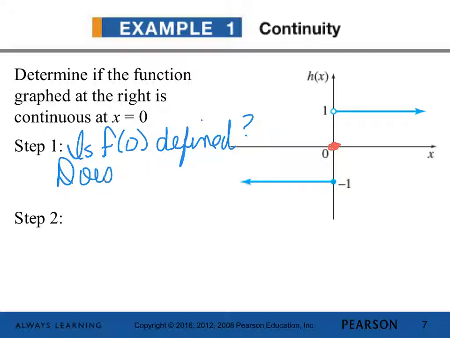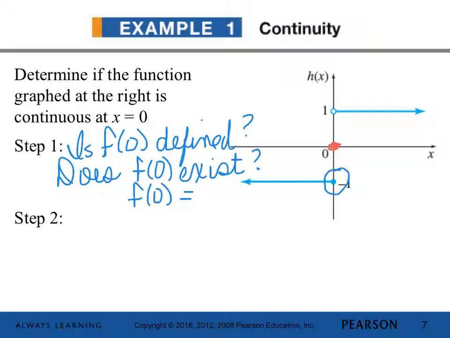Those both actually mean the same thing. And we see that yes, f of 0 does exist. f of 0 is equal to negative 1. So step 1 is a check. Yes, f of 0 does exist.